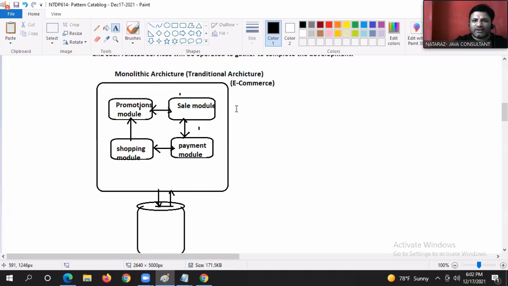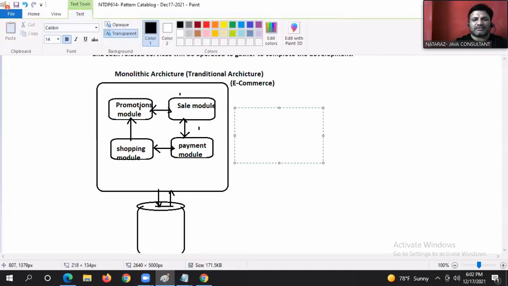Understanding my point? We must use all modules together while operating the project.